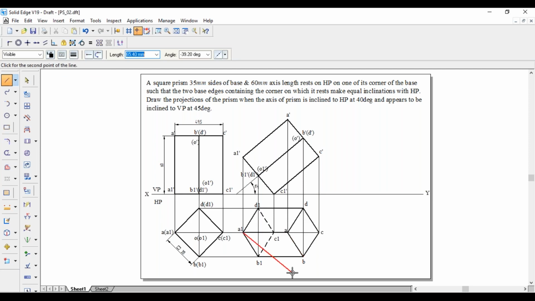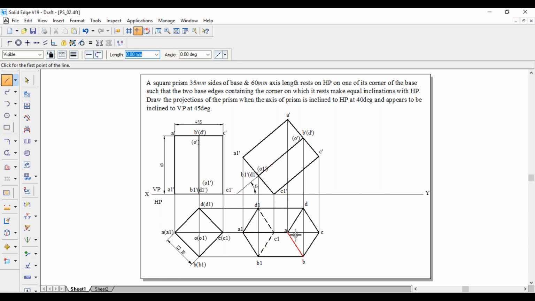Whereas coming to the CC1, that is C dash C1 dash. If you see from the top position, that is from this point, this is away from the observer, that is invisible. So we have to show CC1 as dotted, but out of that one, AA1 already we have shown as a continuous line. So don't show the dotted line here, because the first preference, if more than 2 lines are coinciding, at that time first preference goes to the visible edge only.